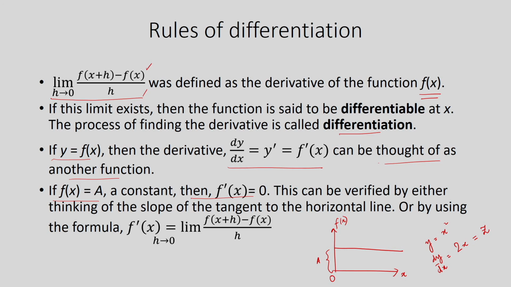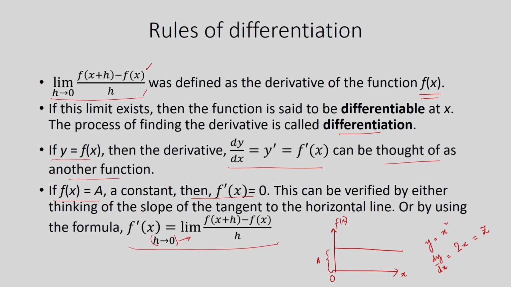Another way to understand why the derivative should be equal to 0 is to go by the definition. We know that f dash of x is equal to the limit of f(x plus h) minus f(x) divided by h as h tends to 0.